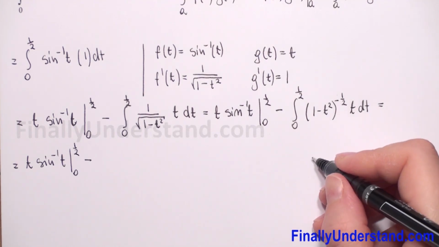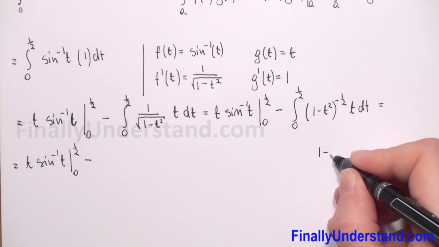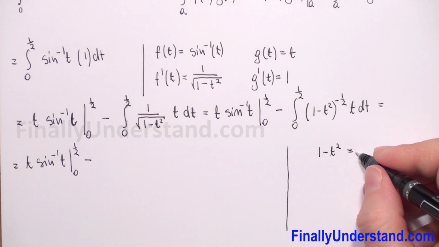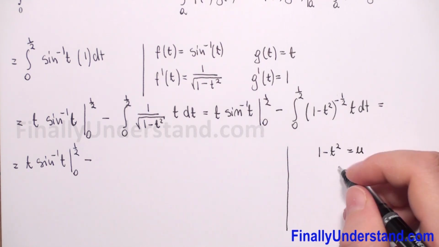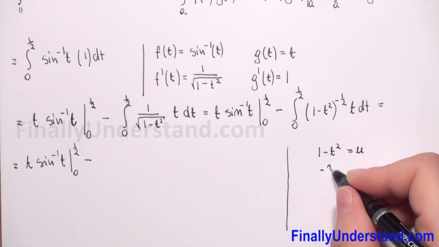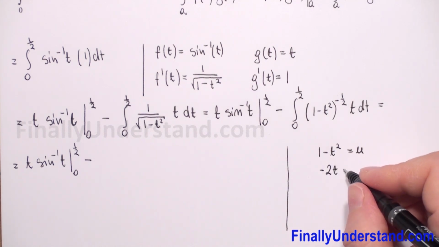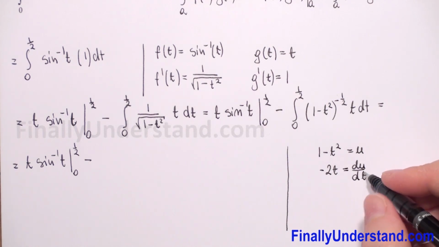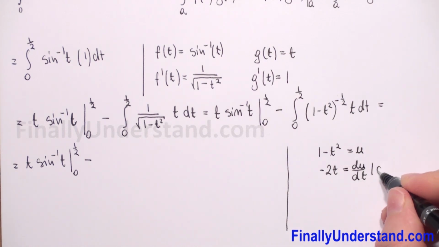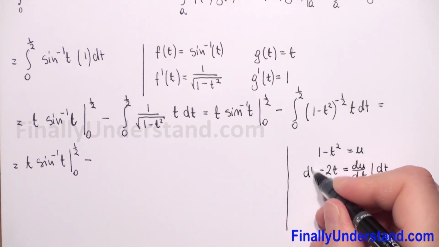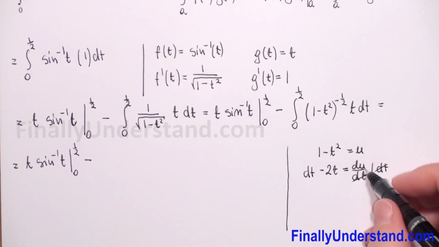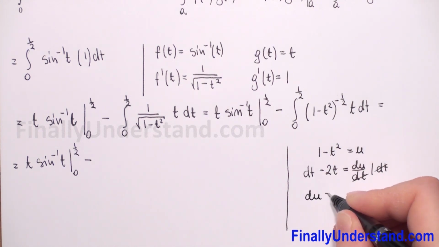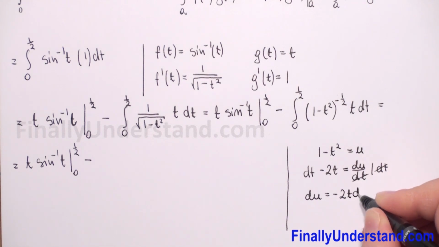Let me put that 1 minus t squared is equal to u. Now we have to calculate the derivative of both sides, so negative 2t is equal to du with respect to t. So we multiply both sides by dt, because when we do u substitution, we have to find du. So we have that du is equal to negative 2t dt.